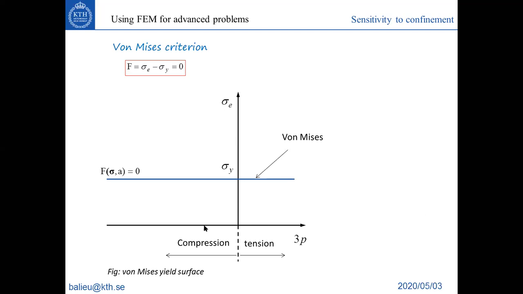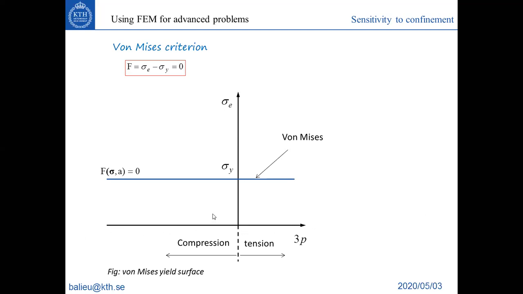On the other side, when this hydrostatic pressure is negative, you are in a compression state, because again, this P is the trace of the diagonal of your stress tensor. If you have something negative, that means you are in pure compression. It can be pure compression, biaxial compression or triaxial compression, etc. So negative is compression and positive is tension.